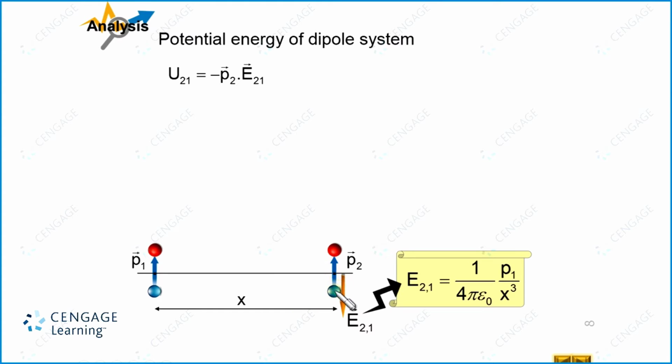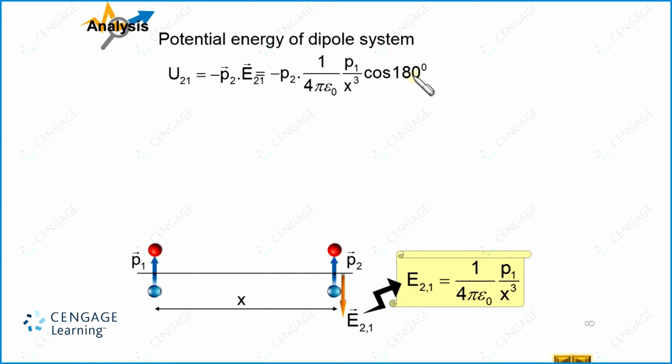In this vector diagram, we can observe these vectors are anti-parallel, that means the angle between the vectors is 180 degrees. So we can write this as minus P2 multiplied by 1 upon 4 pi epsilon naught P1 divided by x cube and cos 180 degrees.